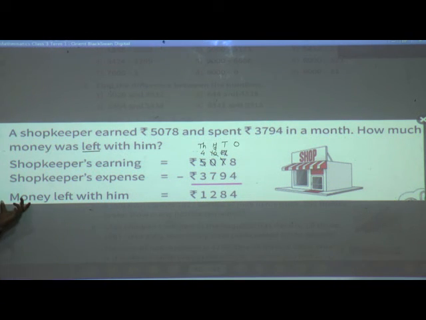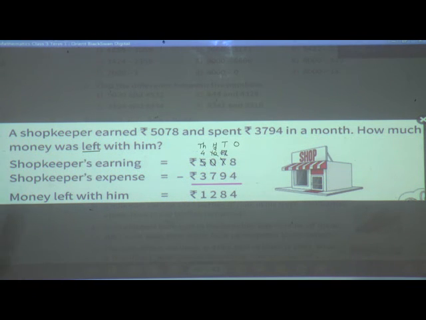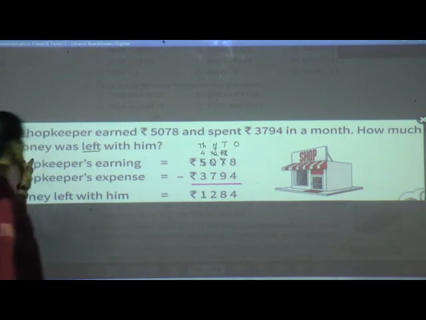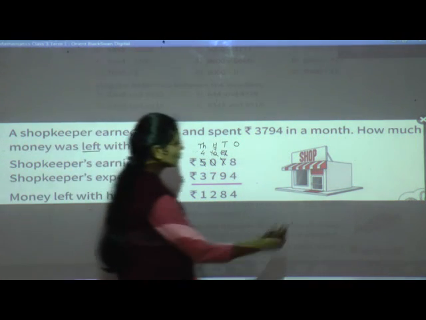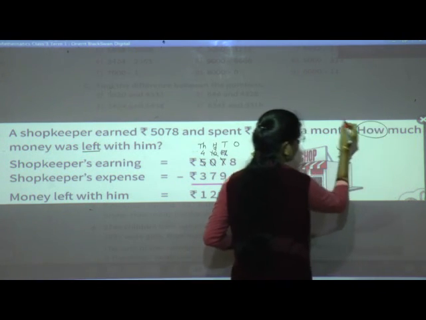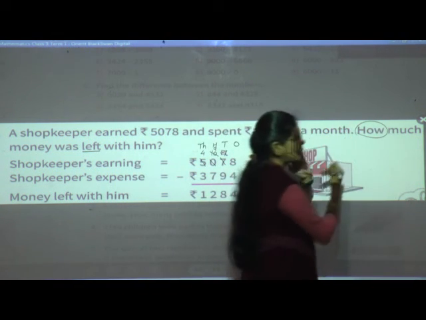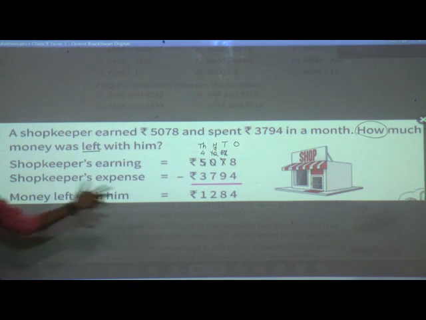So how much money was left with him? Yes. See students, how will you write the answer in a sentence? See, what is the question? How much money was left with him? Only you have to remove the words how much and instead of that put the answer.